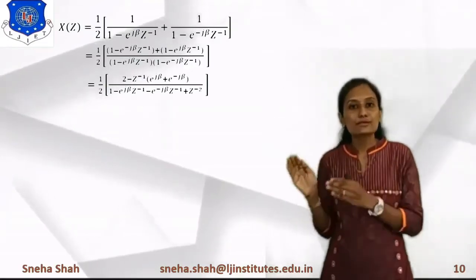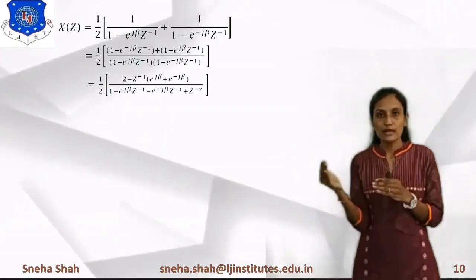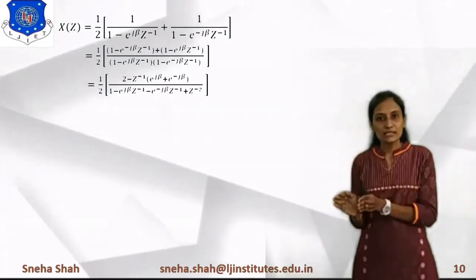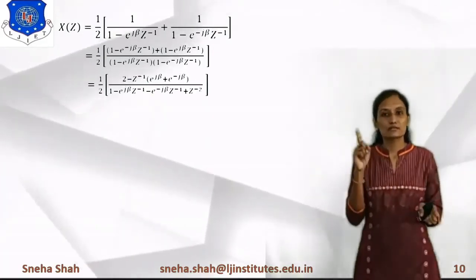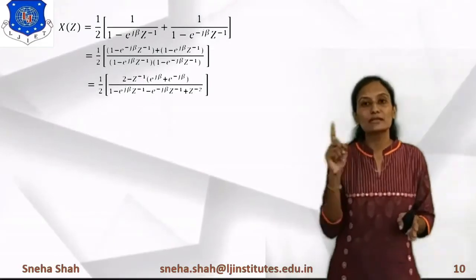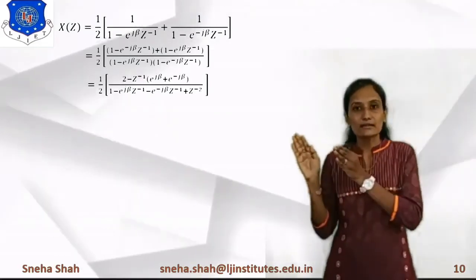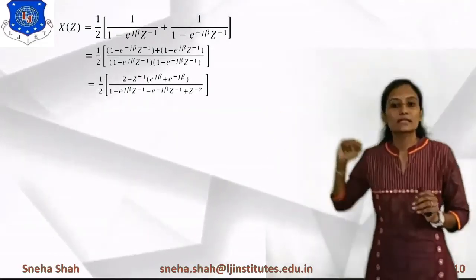Now z inverse into z inverse means z raised to minus 2, and e raised to j beta into e raised to minus j beta equals e raised to 0, and e raised to 0 means 1. So 1 into z raised to minus 2, the final term is z raised to minus 2.